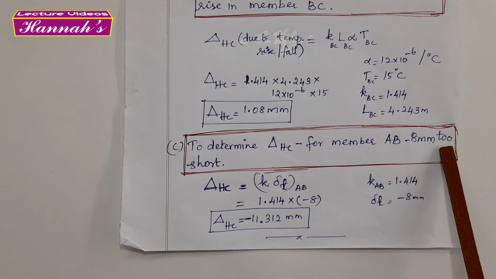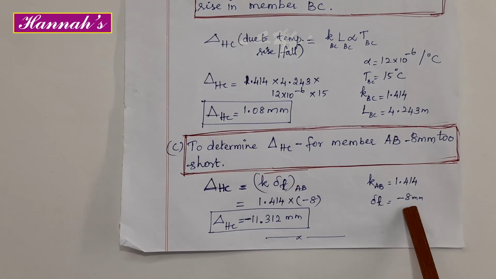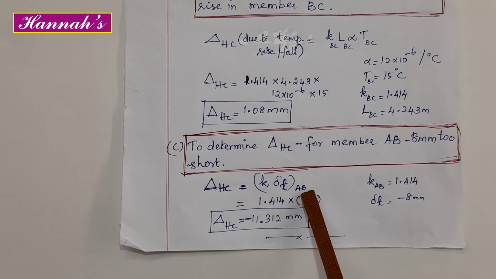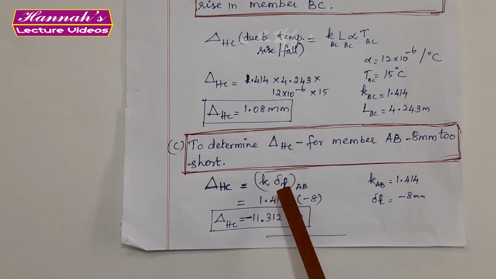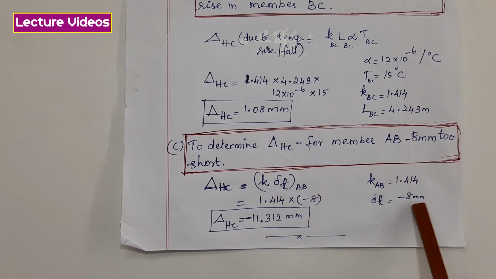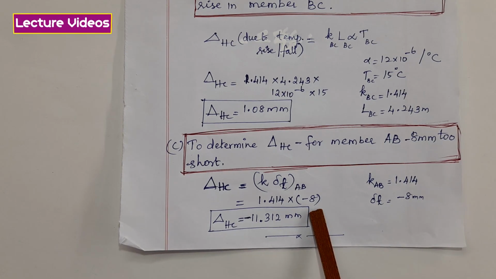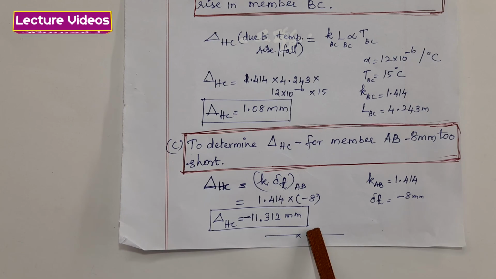If it is elongated or too long, then we have it as a positive value. K of AB, I write here. Delta L of AB is given in the problem as 8 mm short, so minus 8. The answer is directly written in millimeter.